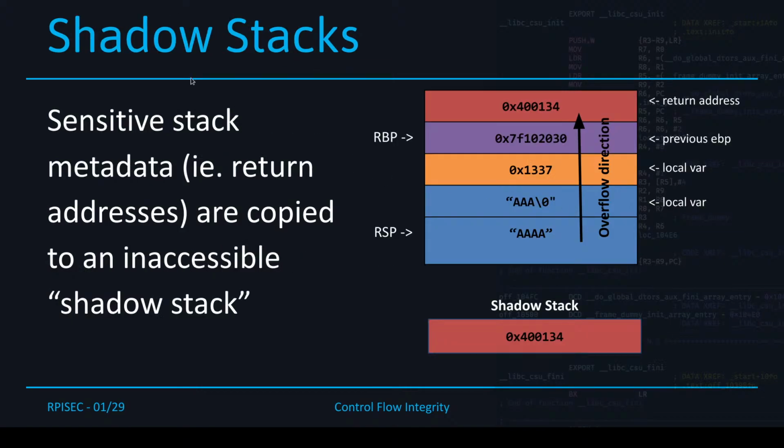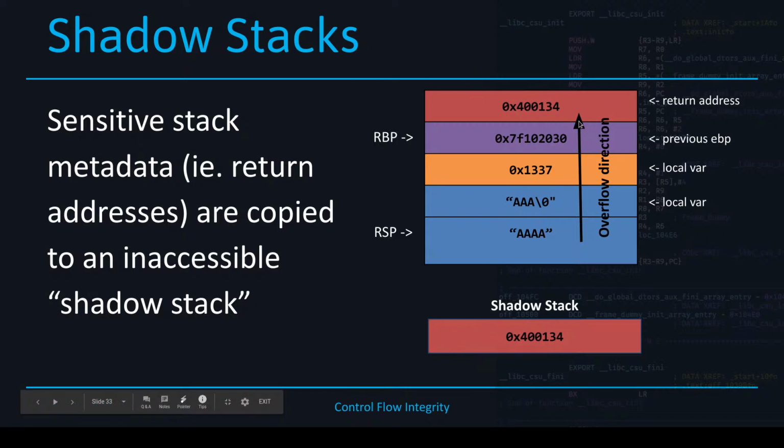The idea of a shadow stack is basically that you can copy that sensitive stack metadata, like those return addresses, into another region of memory that should, in theory, be safe from these overflows. So now, when we set up that stack frame and we get ready to execute this function, we just take a copy of that return address and we stick that on the shadow stack.